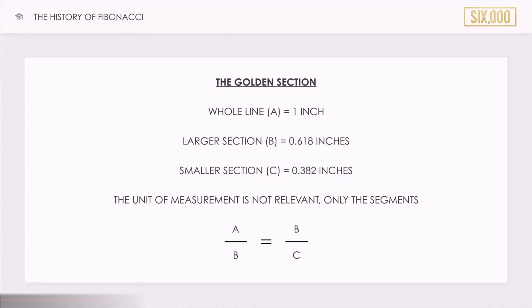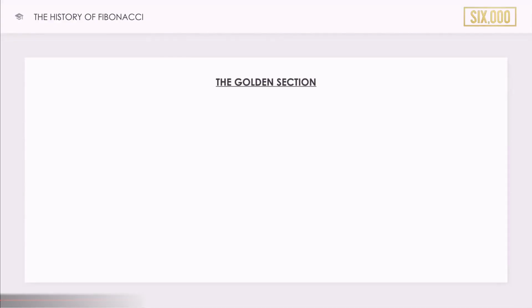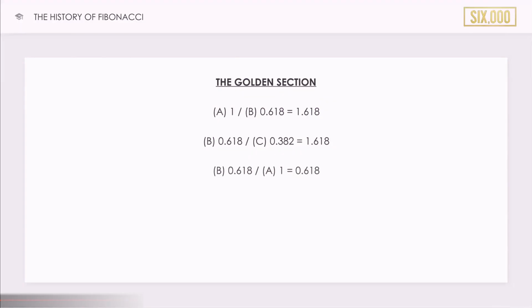And I've got a series of calculations on the next slide that further advances those previous calculations. If we take A and divide it by B, it gives us 1.618, the golden ratio. 0.618 divided by 0.382, B divided by C, the larger part to the smaller part, gives us 1.618.